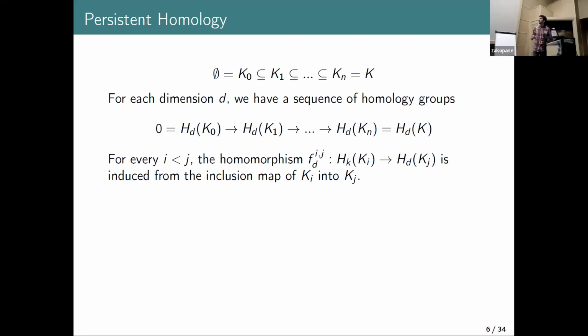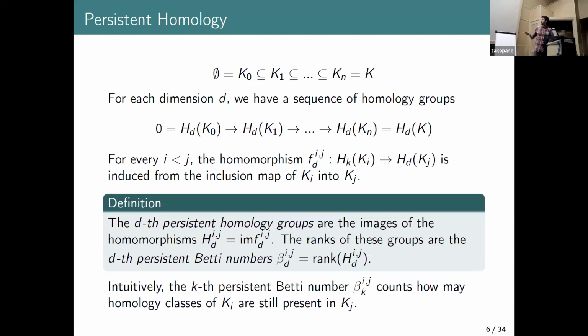That's basically the idea behind persistent homology, because we define the persistent homology groups as the images of these homomorphisms. In particular, we refer to the ranks of these groups as the persistent Betti numbers. Intuitively, what these persistent Betti numbers capture is how many homology classes that you have at one step in your filtration are still present at future steps in your filtration.